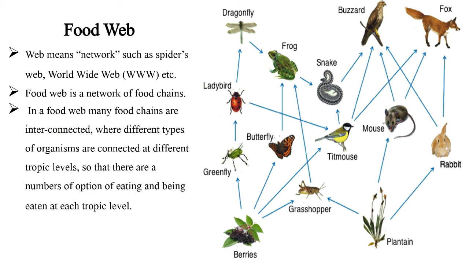In this picture you can see berries are options for butterfly, grasshopper, titmouse and even the green fly. And the web is created from one organism to another organism and their food chains are interconnected with each other.